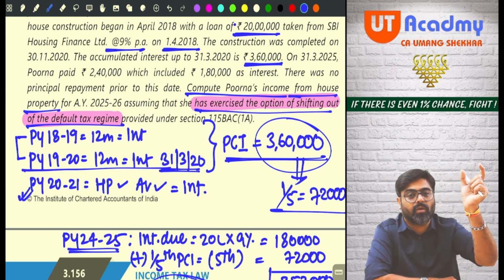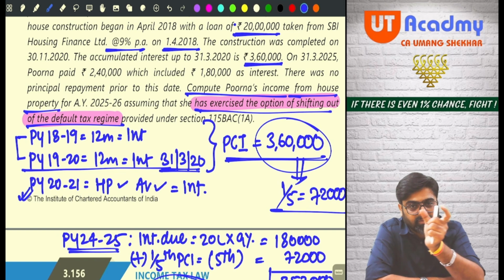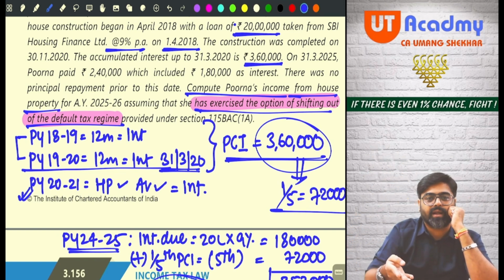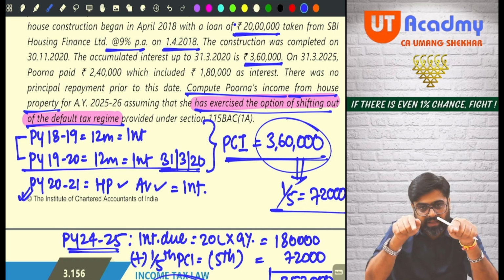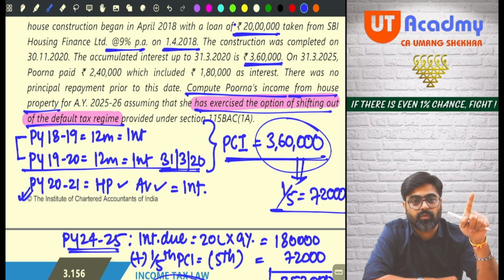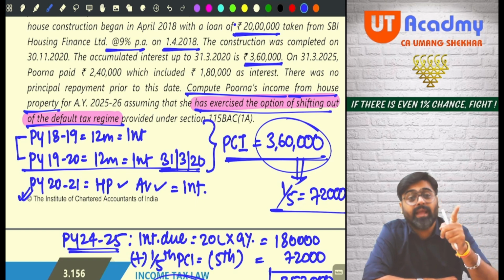SOP at Bangalore. I will directly start from GAV. I will not write municipal value, fair rent, etc. And in the bracket, I will write a note: as per section 23(2), the annual value of any two SOPs at the option of the assessee is exempt.